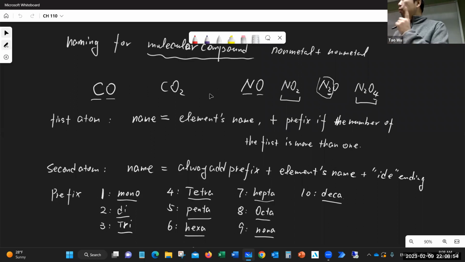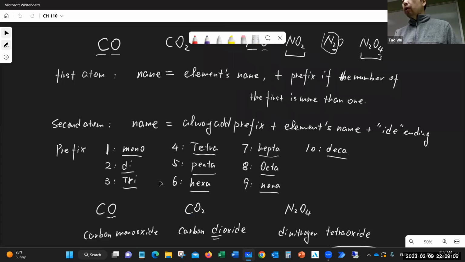But if there is only one atom for the first atom, then you don't have to. The prefixes you're going to add are mono, di, tri, tetra, penta, hexa, hepta, octa, nona, and deca. Okay, so that's a prefix to specify how many atoms of each there are.